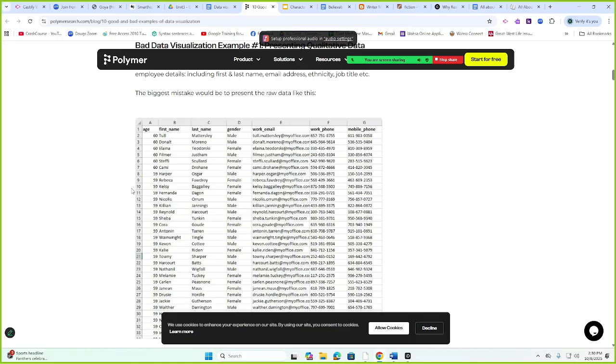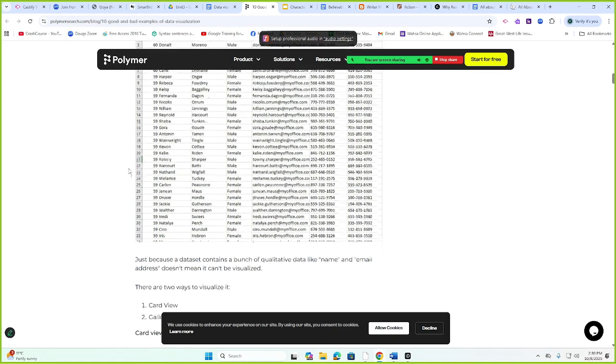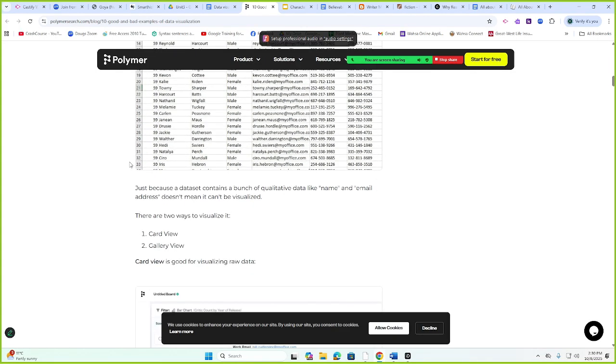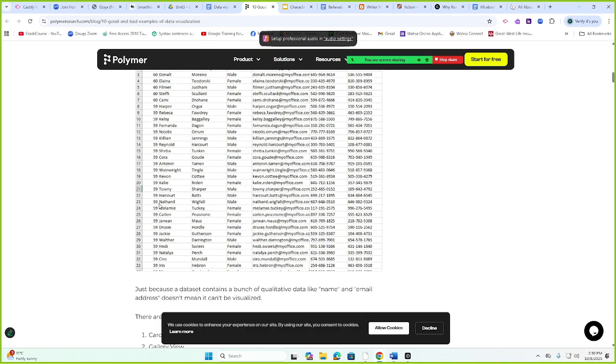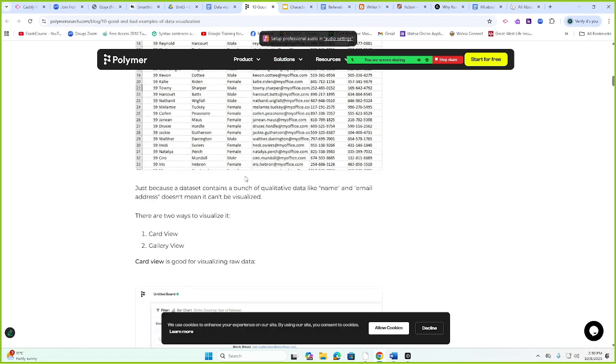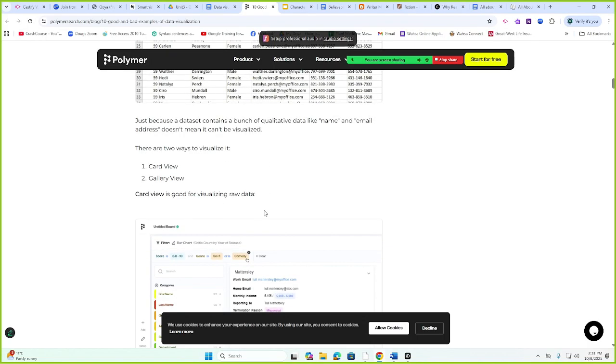It's easier to see and find information. So it's pretty hard for us to visualize this type of information. It contains all this qualitative information about these different people, but it's pretty hard to visualize and sort out.